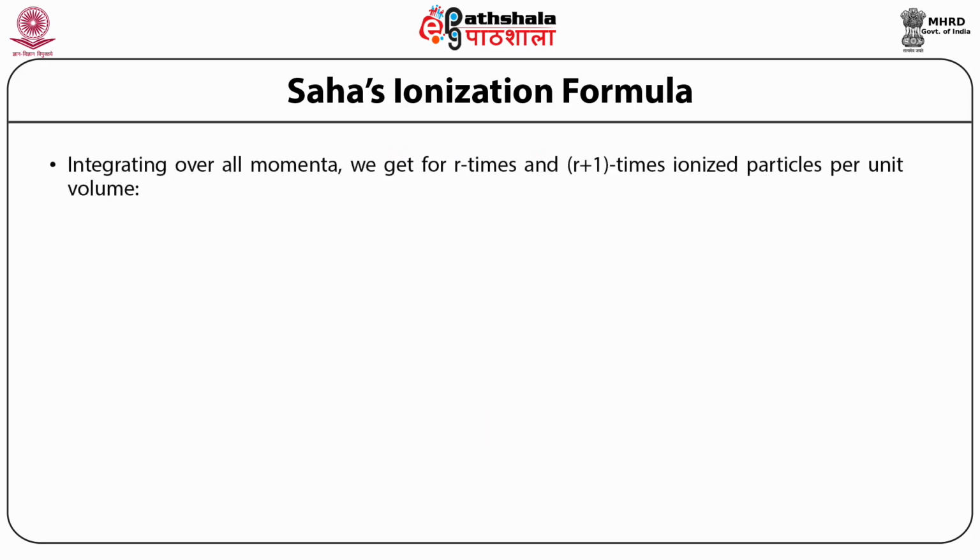If we integrate over the entire momenta, we get for r times and r plus 1 times ionized particles per unit volume, n_r equals b_r(T) e raised to the power eta_r multiplied by (2 pi m kT divided by h squared) to the power 3 by 2.